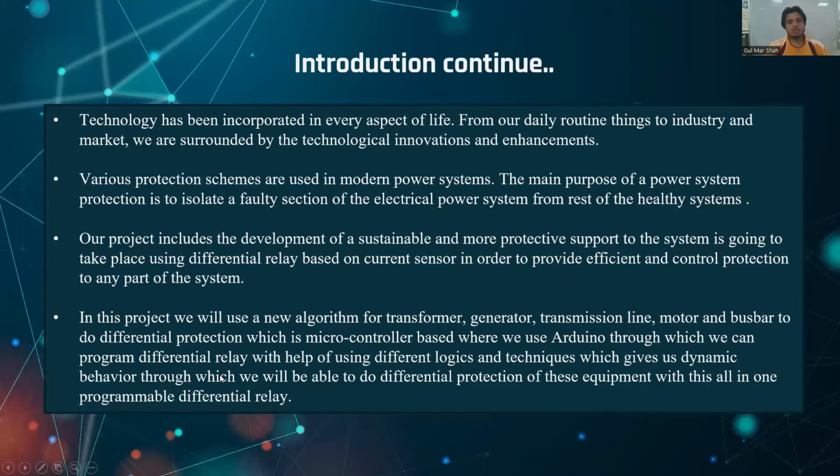Our project includes the same kind of protection for the power system, which is differential protection, which could be more efficient and control protection to any part of the system.